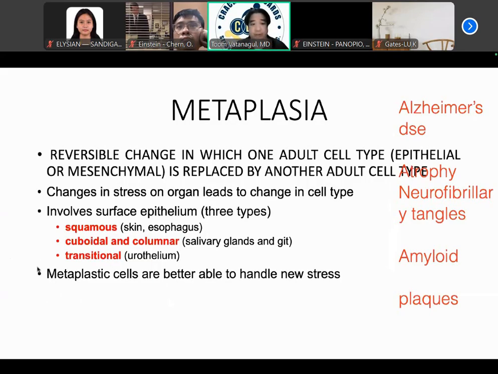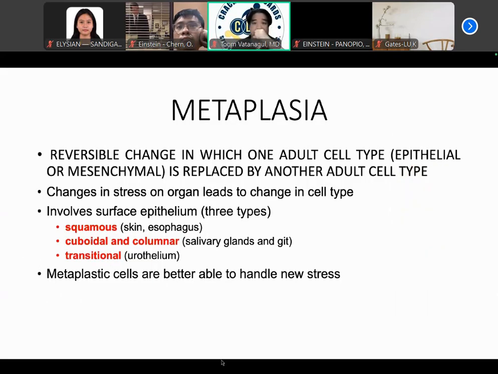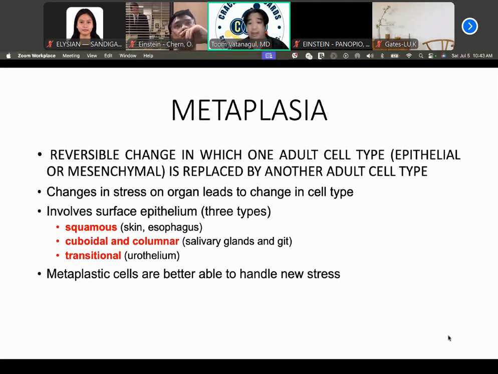Now, metaplasia, on the other hand, is a reversible change wherein one cell type is replaced by another. The classic example is going to be either a squamous metaplasia, a cuboidal or columnar metaplasia.